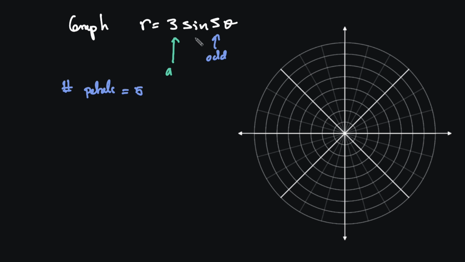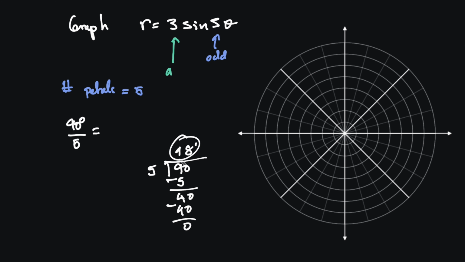Right? So remember that since we are dealing with sine, it is going to start in this quadrant. So we're going to take 90 degrees and divide it by the number of leaves. 90 degrees divided by 5 is 18 degrees, all right?